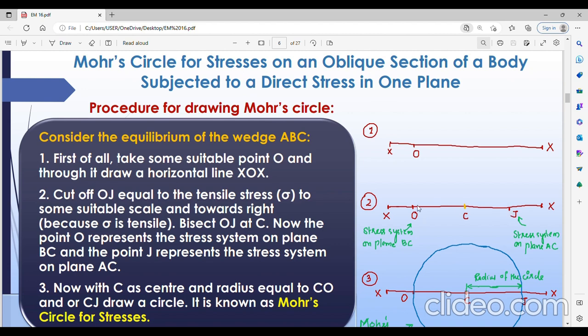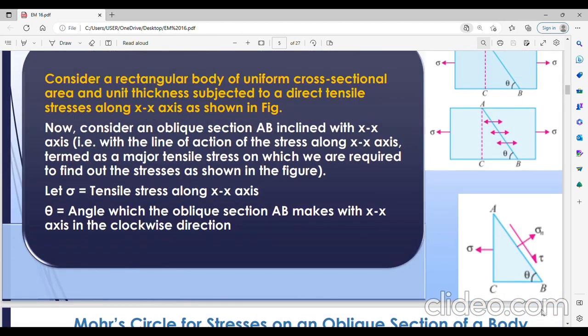Now what we have to do, this OJ is the tensile stress. Now the point O will give you the stress system on plane BC. So here you can see this is plane BC, the base of the triangle.